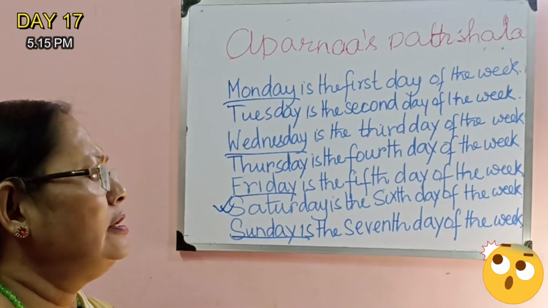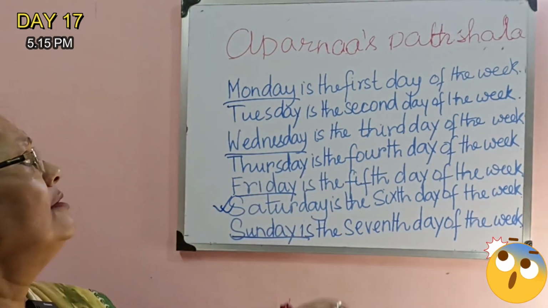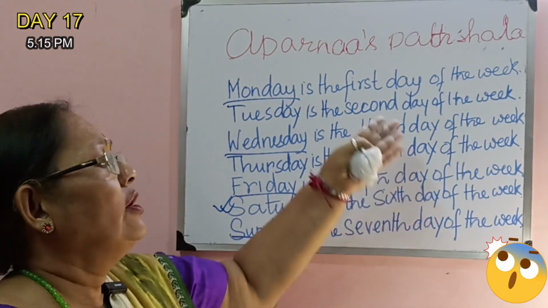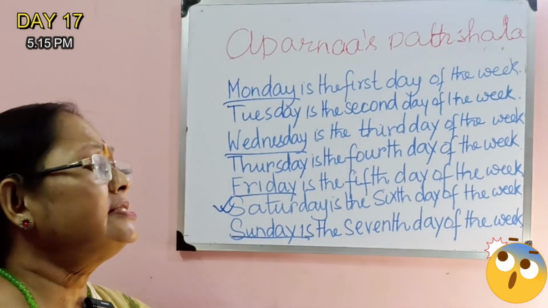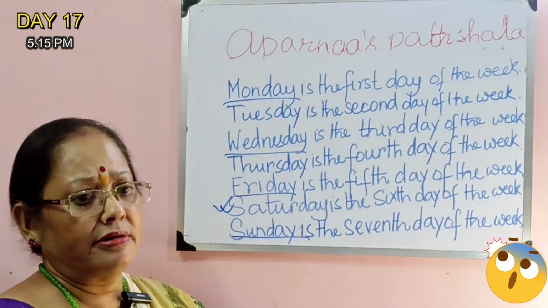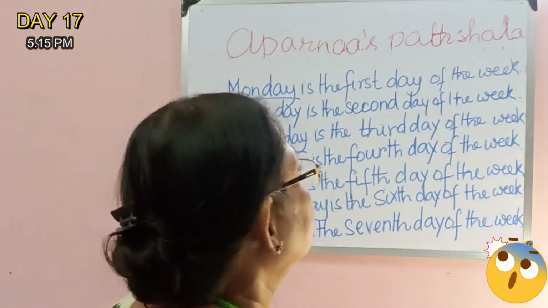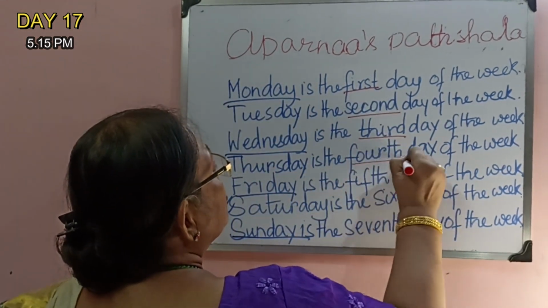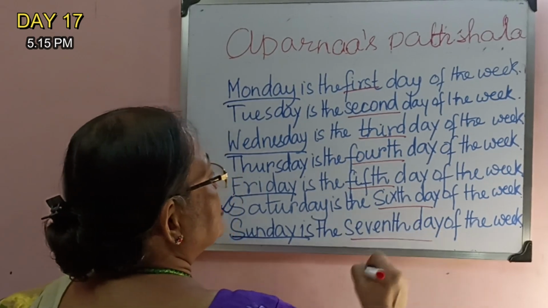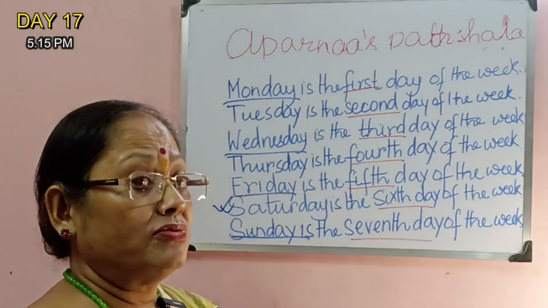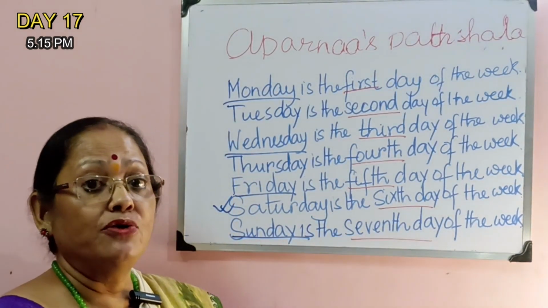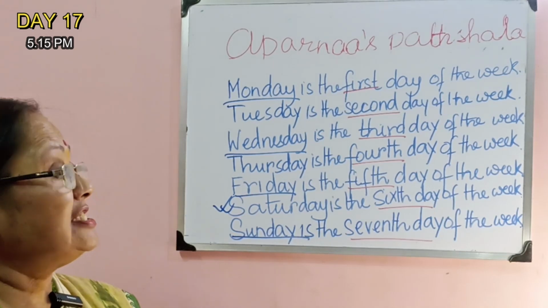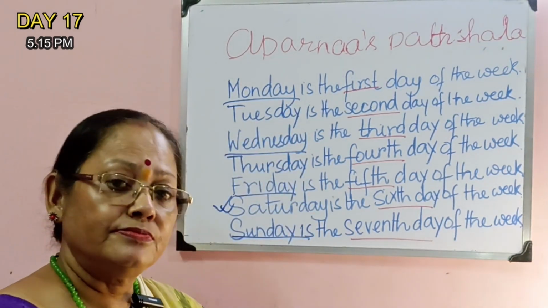This is very easy. No need to worry. And here comes the first day, second day, third day, fourth day. What we learned in the ordinal numbers, these are all present here: first, second, third, fourth, fifth, sixth, seventh. See, now we can use them, apply them. This is the application.